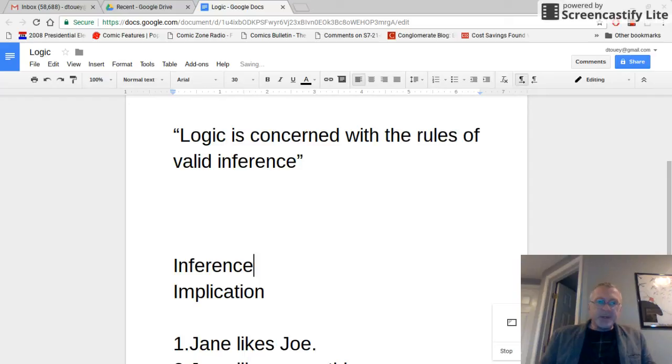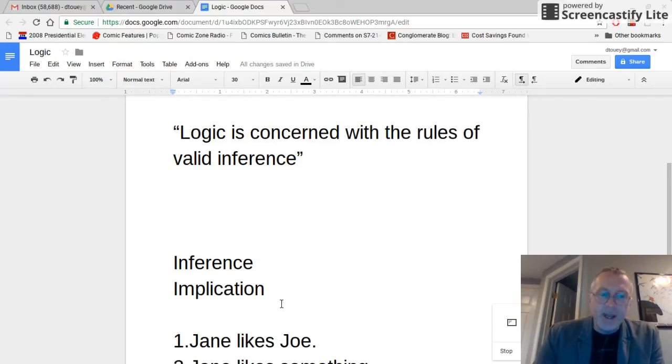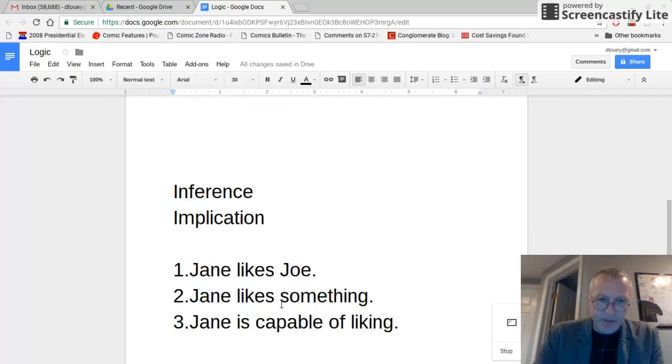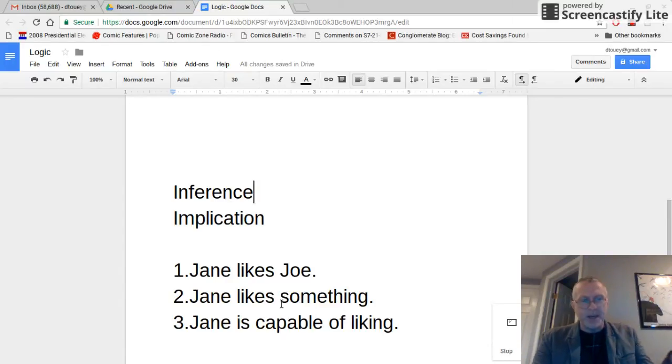They're often used incorrectly. For instance, we might say incorrectly that the second and third statement here are inferred by the first statement. That would just be incorrect usage. Statements don't infer anything. Statements do imply other statements, but an inference is something that you and I make.